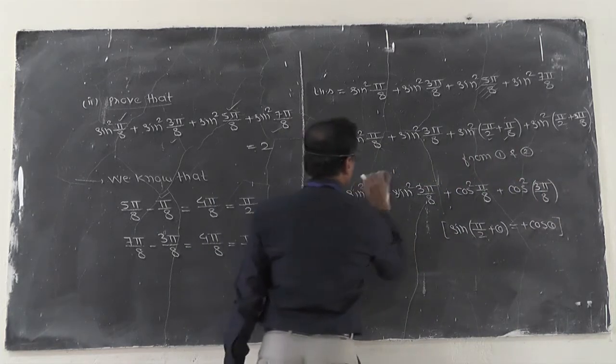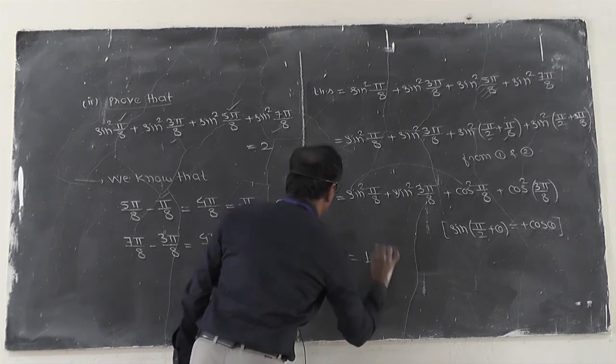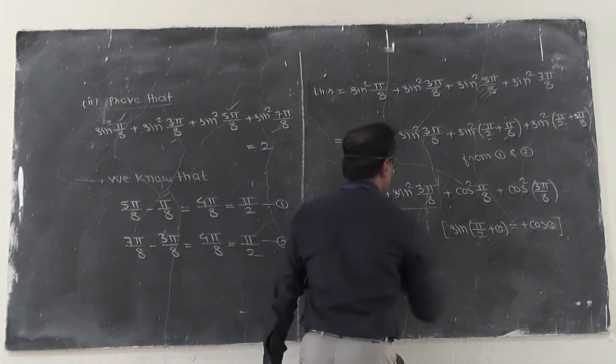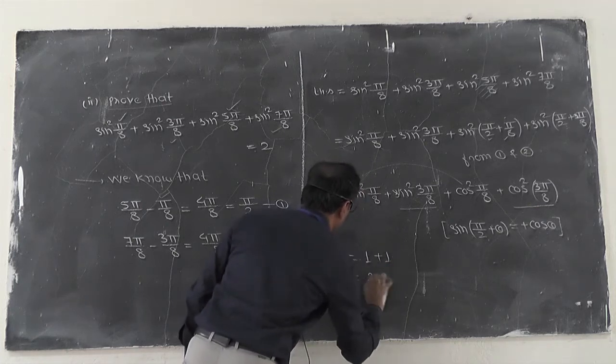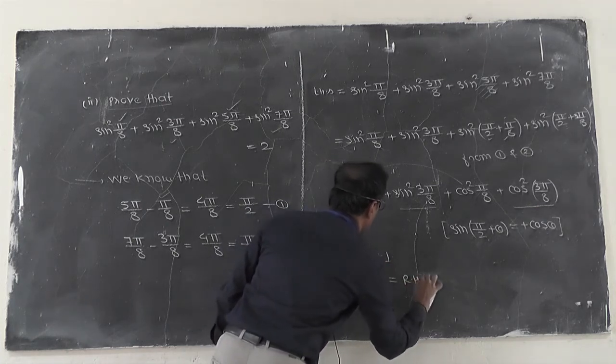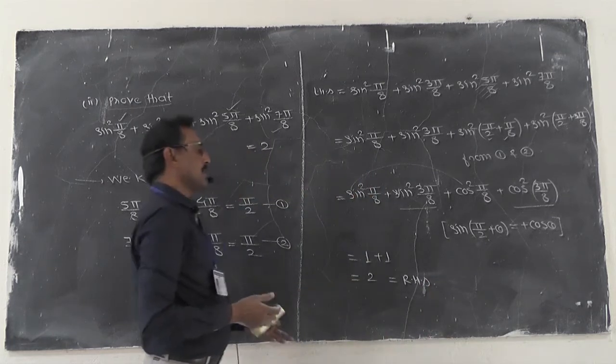Here it is sin square pi by 8 plus cos square pi by 8; you know the answer is 1. This sin square 3 pi by 8 plus cos square 3 pi by 8, the answer is 1, and 1 plus 1 is 2. It is your required RHS.